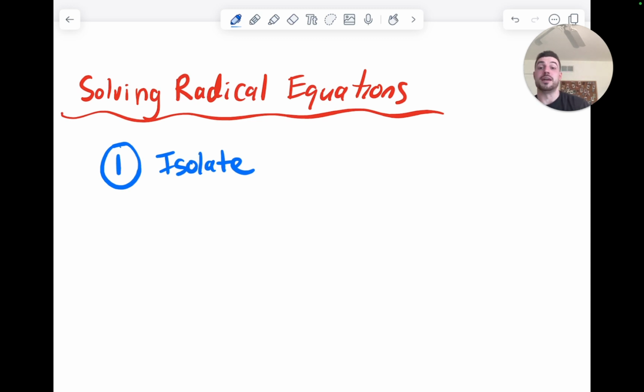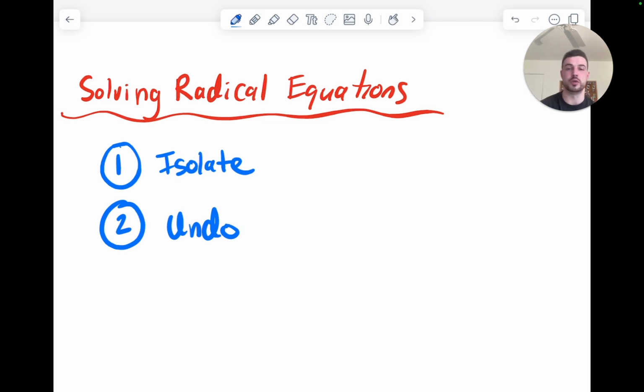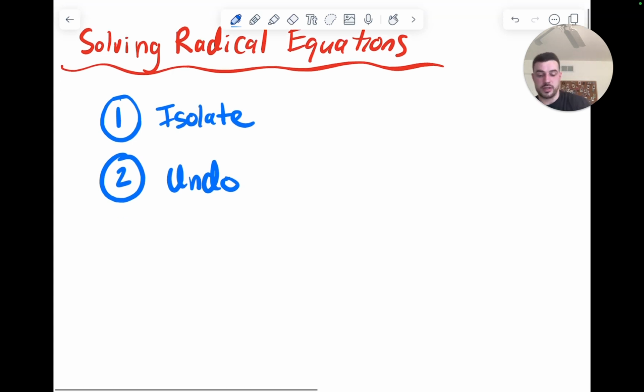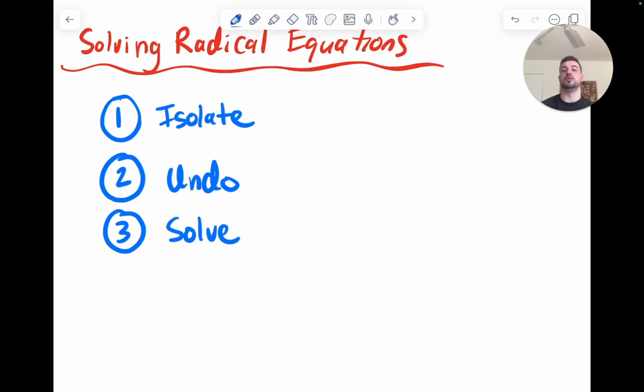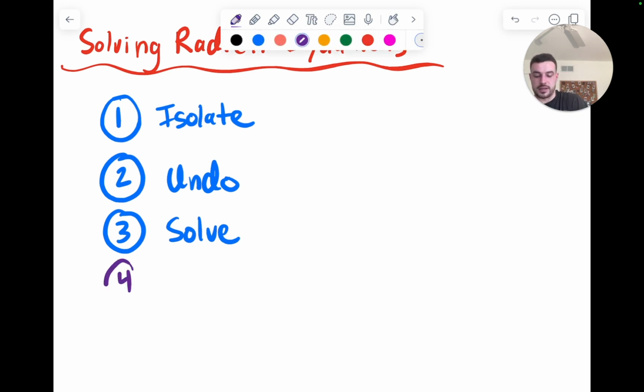Our second step is to undo the radical or undo the rational exponent. That will allow us to get towards our variable, and then we can do our real last solving step, which is to solve. We are going to eventually get that variable by itself, and I'm going to add an extra thing down here, and it is our last step: we have to check our solutions.